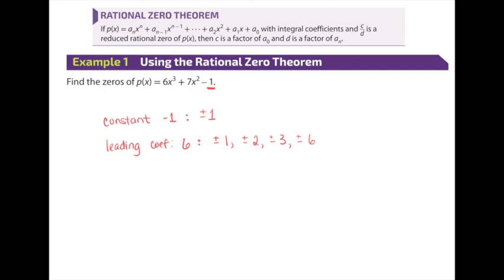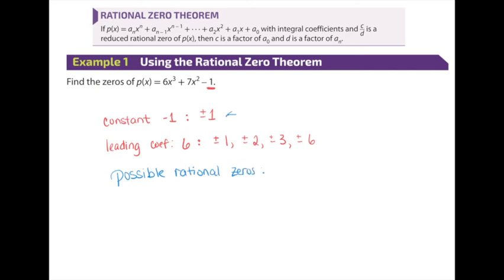And if it ever reduces, which you'll see some of, you don't have to repeat it again, okay? So let's say I had 2/3 and 1/3 and 2/6. Well, those are the same factor, right? So you don't have to repeat those. So if I'm going to say, what are all my possible zeros? We're talking about possible rational zeros.